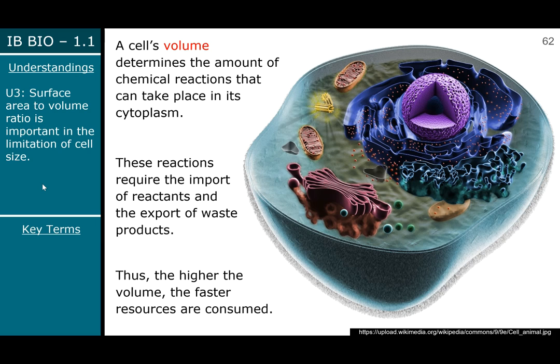The more volume there is, the more reactions can take place inside. These reactions require the import of reactants and the export of waste products, right? So that surface area becomes important in terms of getting materials in and getting materials out. Thus, the higher the volume or the bigger the volume, the faster resources are consumed. Well, that makes sense. I mean, the bigger you are, the more you want to eat, right? Sort of.